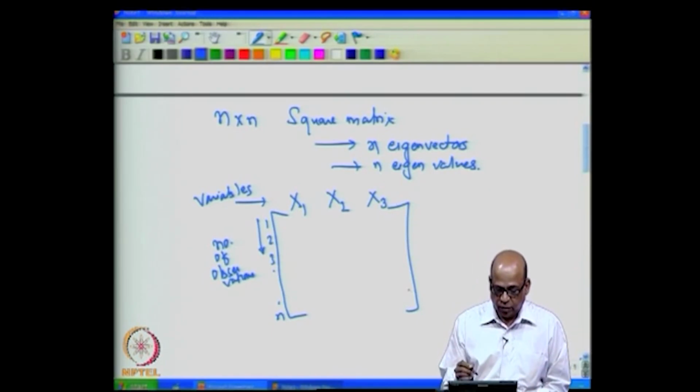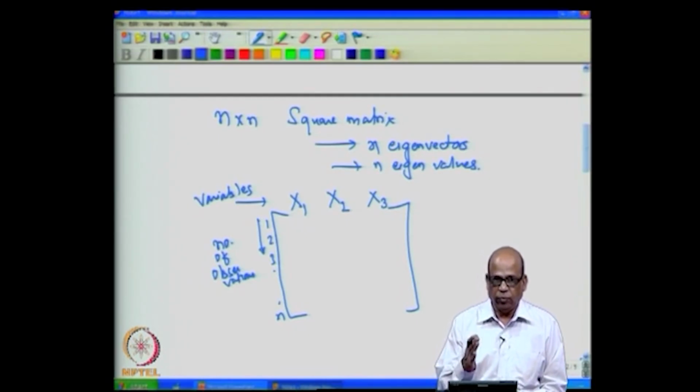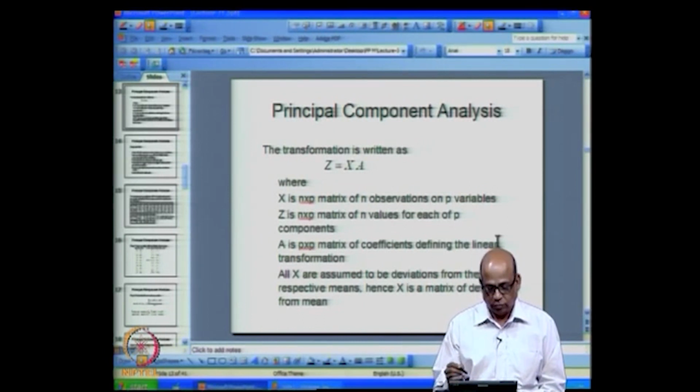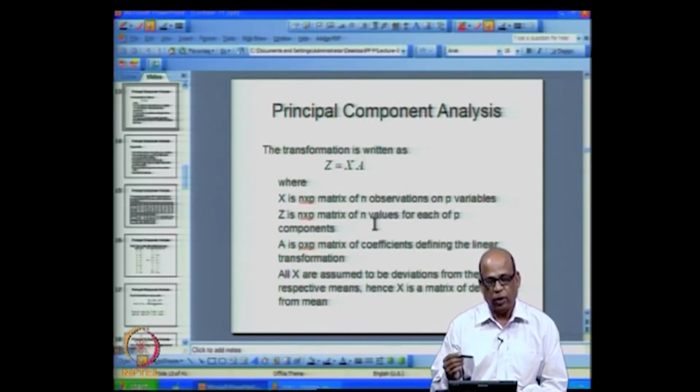So, this is p and this is n. So, the X matrix, which is a matrix of the observed data, will have a size of n by p, and that is what I am writing here. So, X is an n by p matrix of n observations on p variables, and now Z is an n by p matrix of n values for each of the p components. Now, A is our matrix of components.